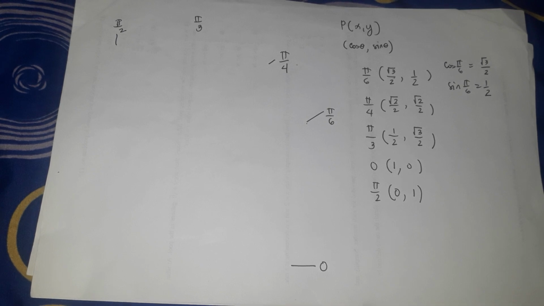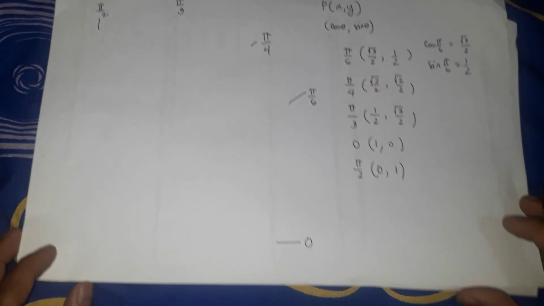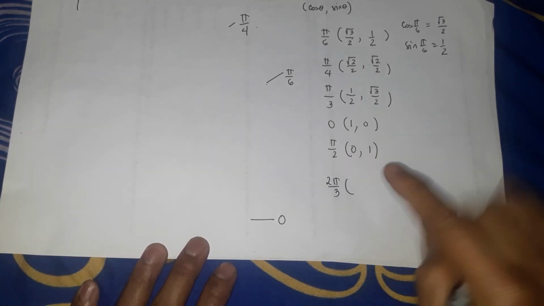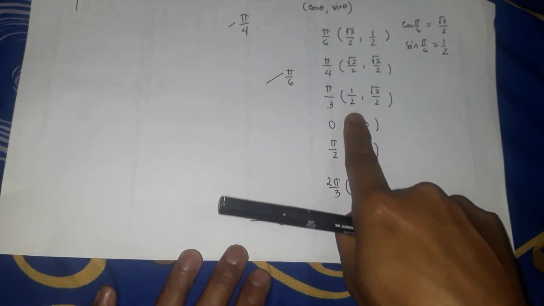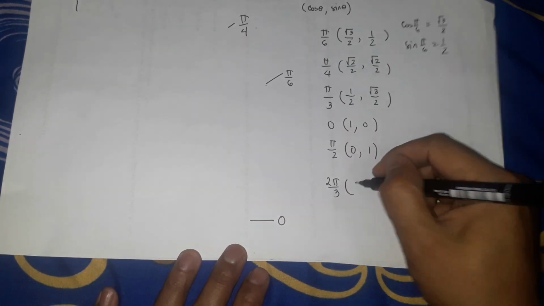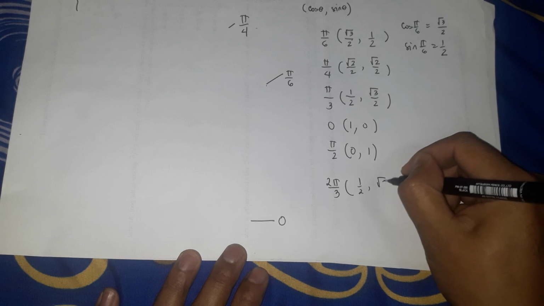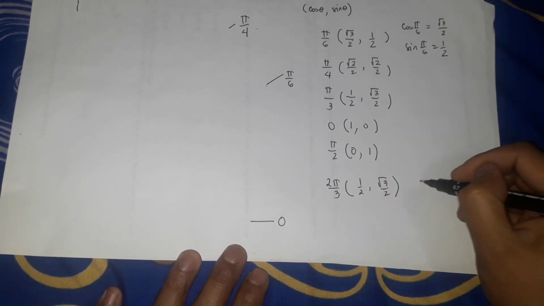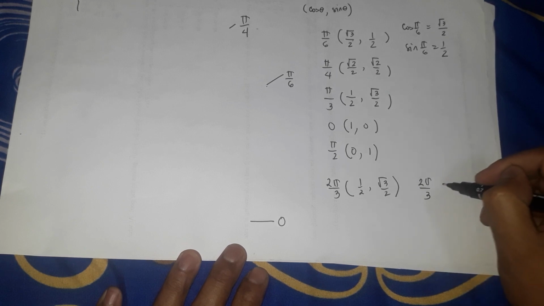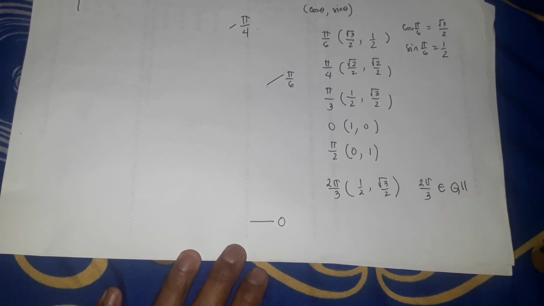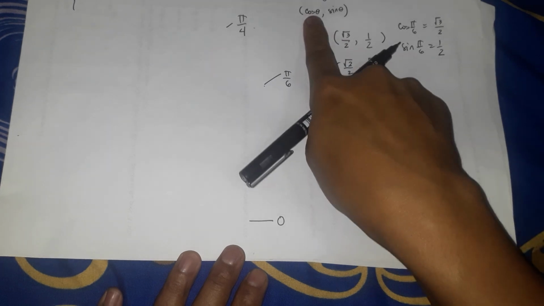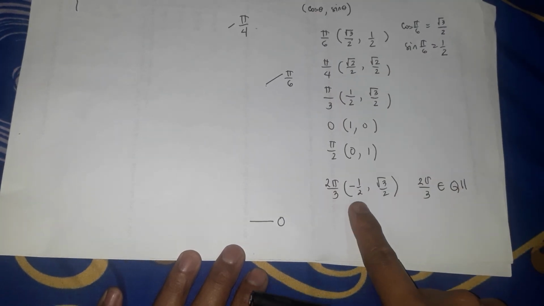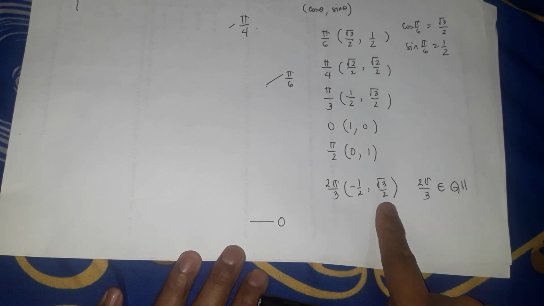So if we want to evaluate, say, the coordinate of the angle 2 pi over 3: since this is related to pi over 3, it will also follow the coordinate 1 half and square root of 3 over 2. And since 2 pi over 3 is an element of the second quadrant, and we all know that cosine on the second quadrant is negative, the coordinates will be negative 1 half and square root of 3 over 2.